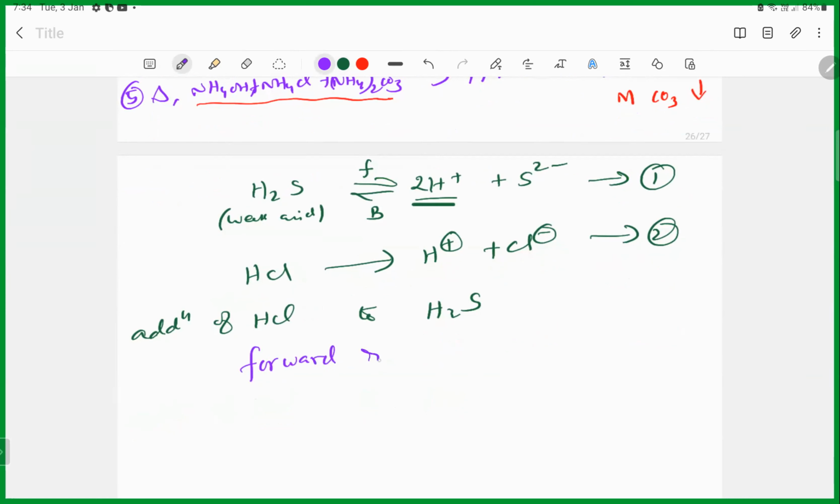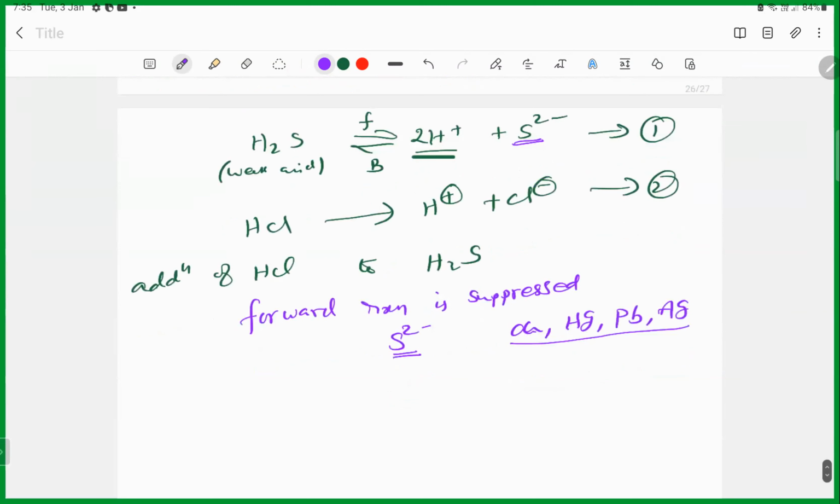Due to that, you have very less concentration of S2 minus. This concentration is enough to precipitate the second group metals. What are the second group metals? Copper, mercury, lead, silver. So these are the metals you can separate by using the H2S in HCl.